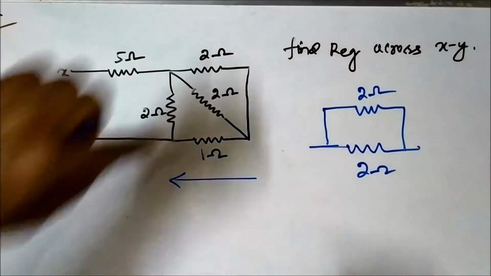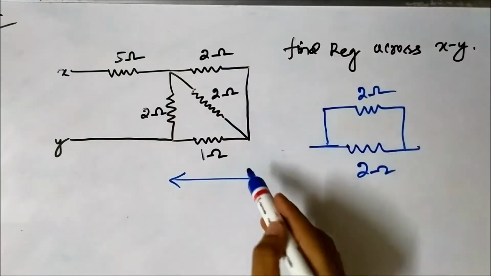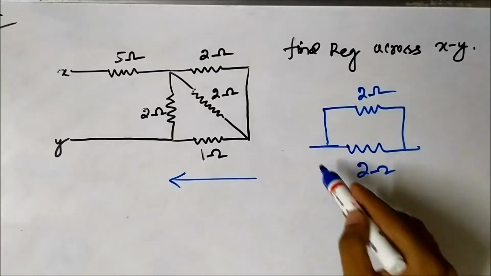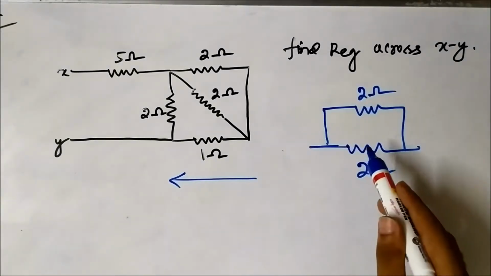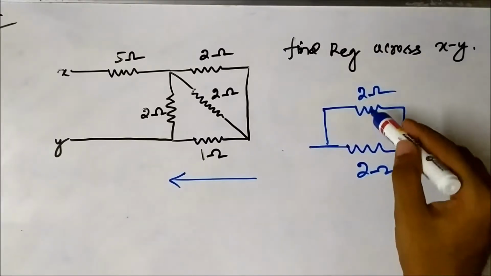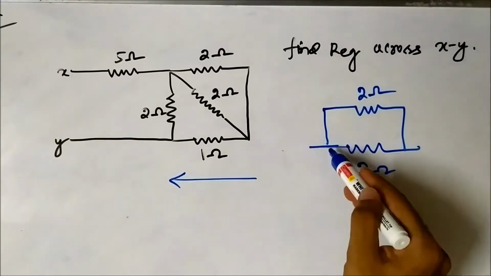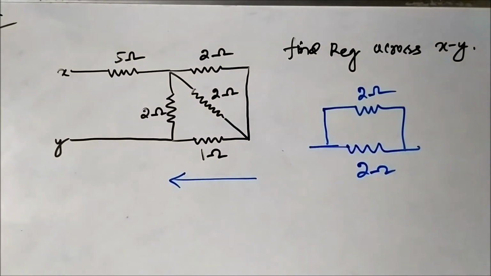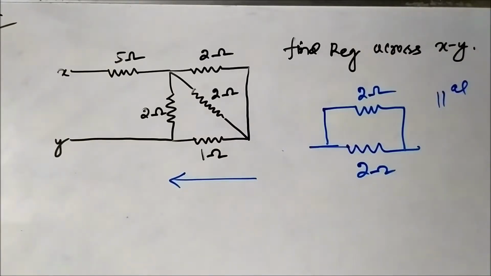The left ends of these two resistors are connected at this point and the right ends are connected at this point. If we connect a voltage source, then the voltage across each of the two resistances will be the same and current division will take place at this point. It means that these two resistors are connected in parallel.